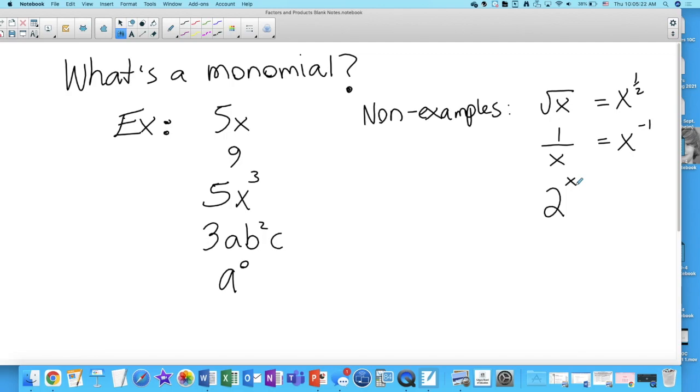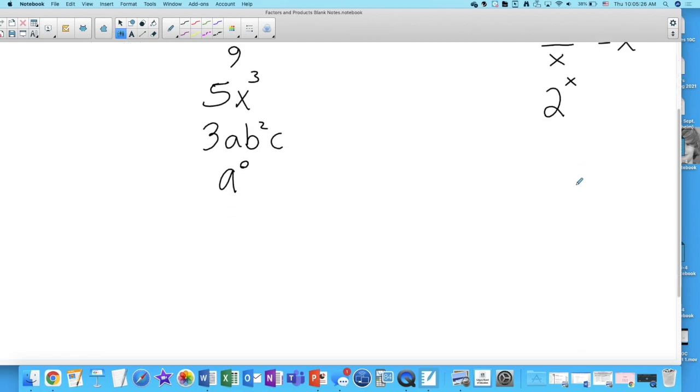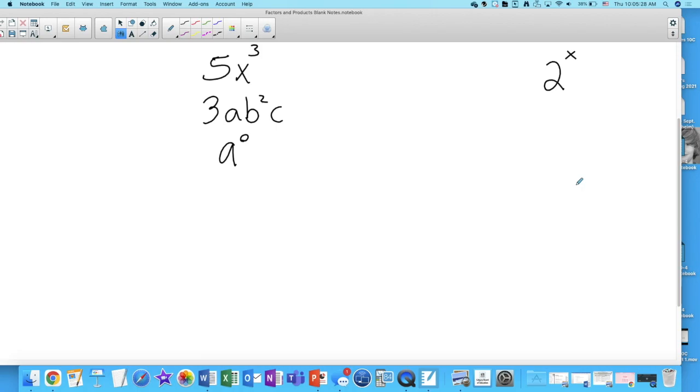A monomial is the product of numbers and/or variables.